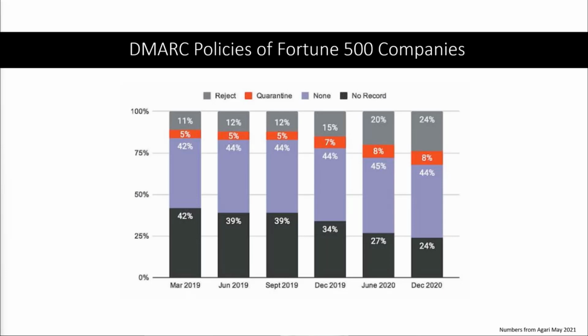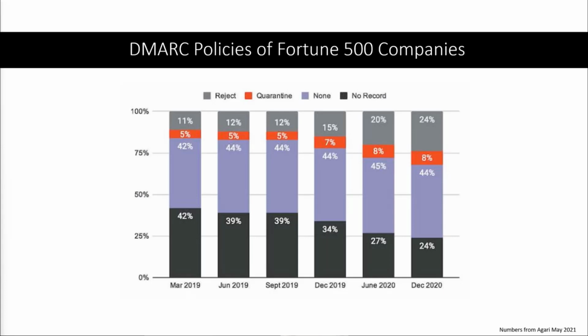So with DMARC in none, I have set up DMARC for my organization, but I put the policy in none. Thereby, I'm not enforcing the receiving organization to do anything with the email if it seems to be spoofed.